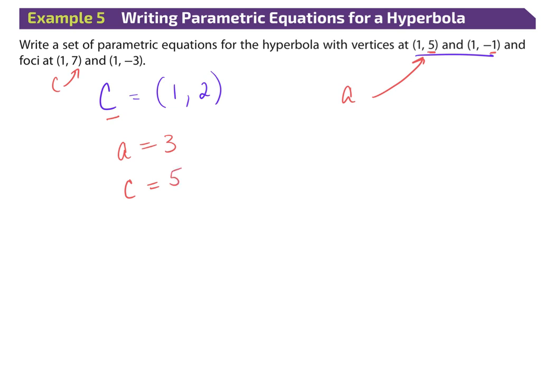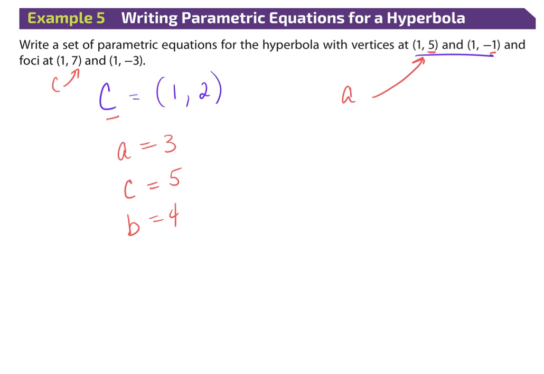If I have my A and C, I should be able to find my B value, right? C squared minus A squared. So I have 25 minus 9, square root of that. My B value is 4. Basic Pythagorean there. Okay? So if I have my center, my A, and my B, I actually have my function here. All right? I have my function.